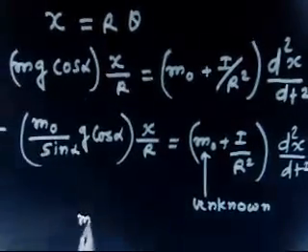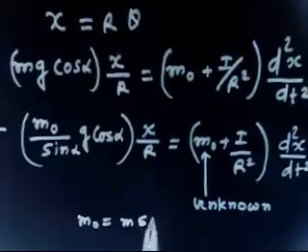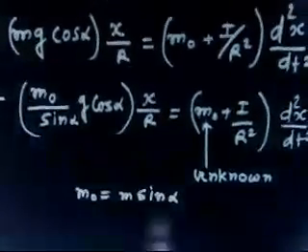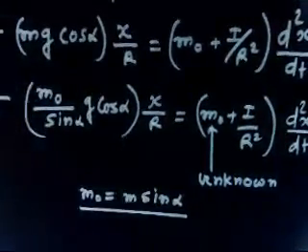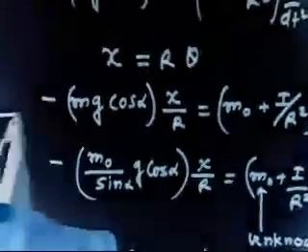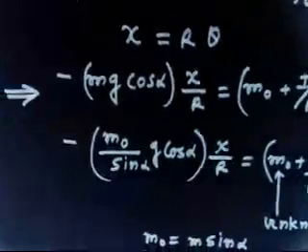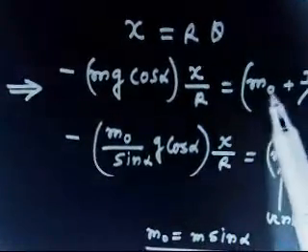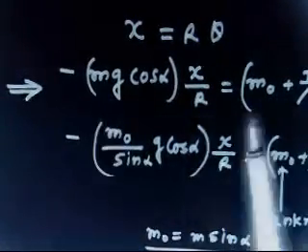The equilibrium condition is m₀ equals m sin α, so I will eliminate m₀. This equation I can modify again and place the value of m₀, because m is known and m₀ is unknown.